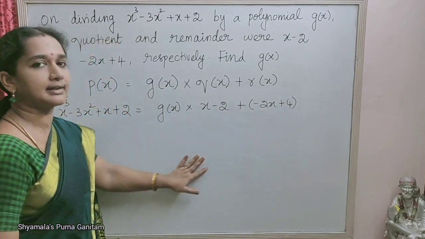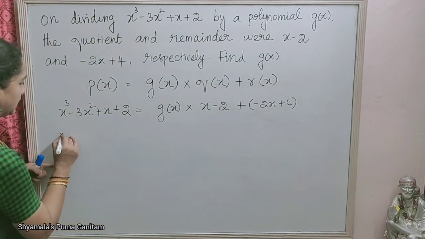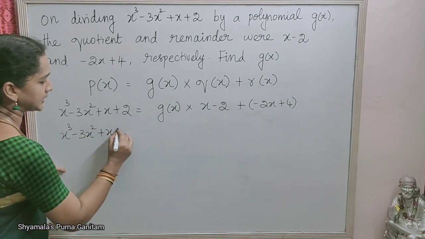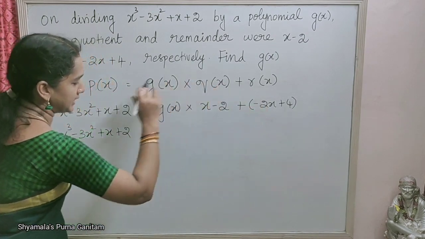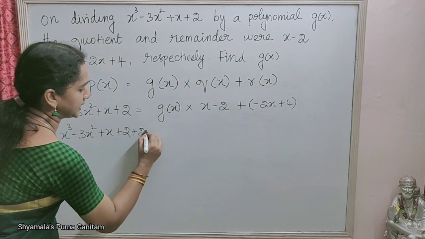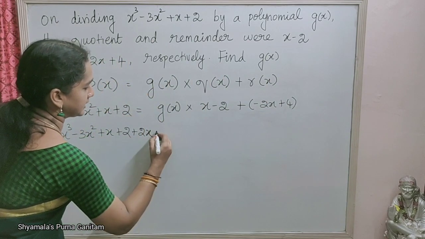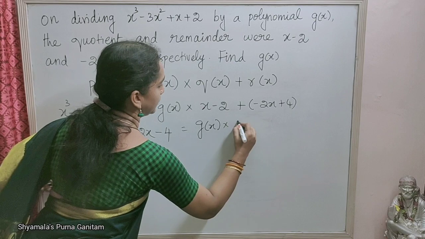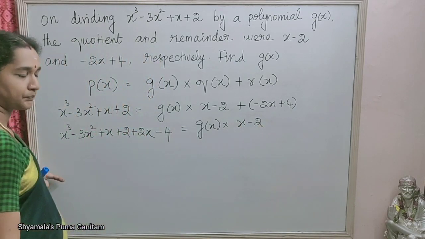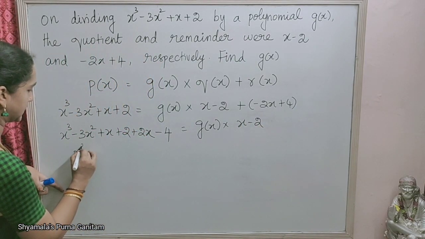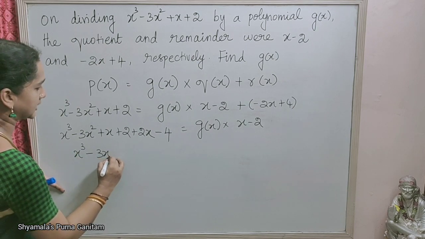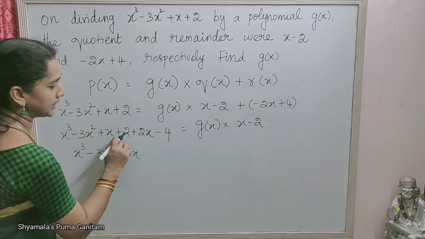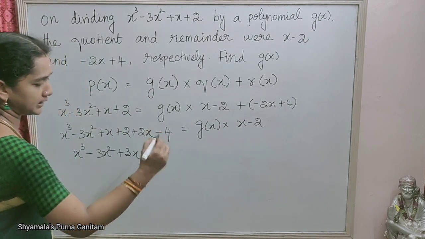So the same method as I told you. First you have to subtract the remainder. So here x cube minus 3x squared plus x plus 2, I am bringing this minus 2x this side. It will become plus 2x, and plus 4 here, this side minus 4, is equal to g of x into x minus 2. Now simplify this. x cube minus 3x squared plus x and plus 2x will be plus 3x, plus 2 minus 4 will be minus 2.